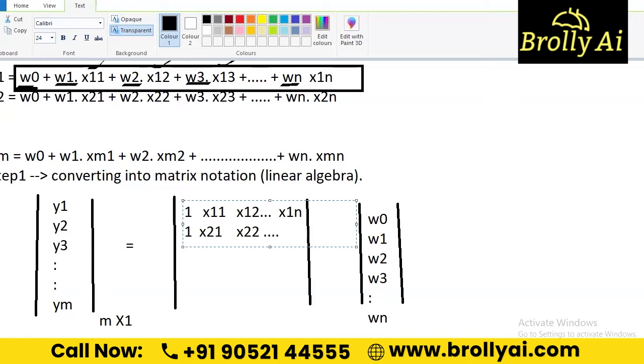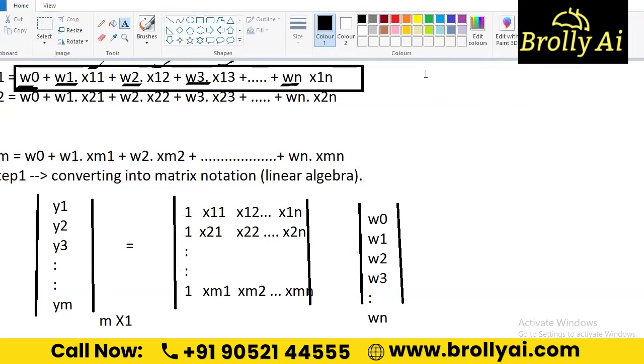Similarly, in the last, Wn came out, X2n is here. Similarly, the last row, which is the m-th row: 1, Xm1, Xm2, up to Xmn.